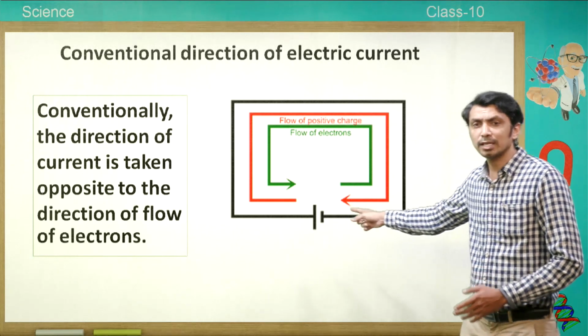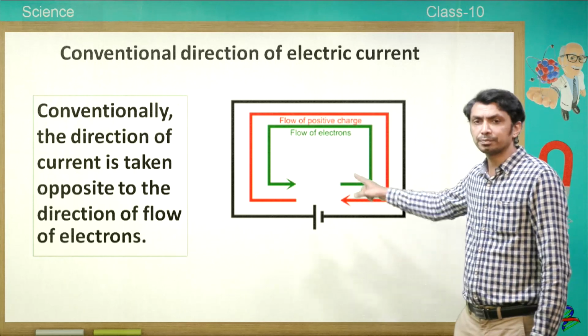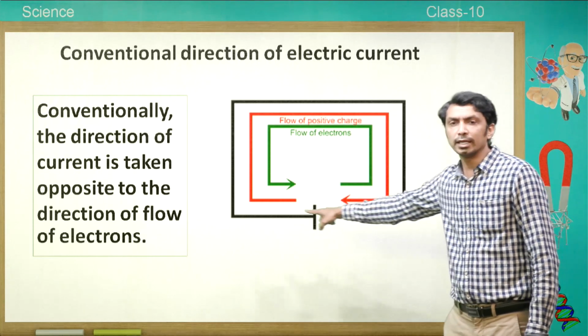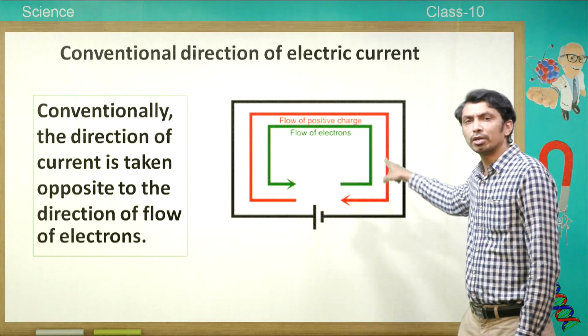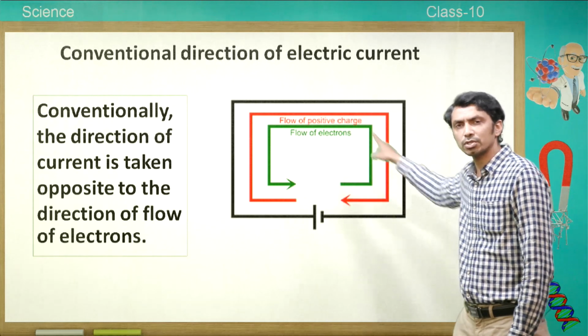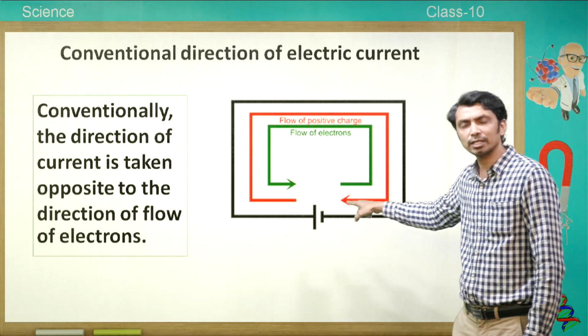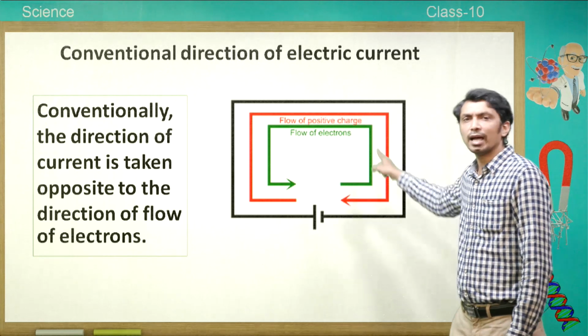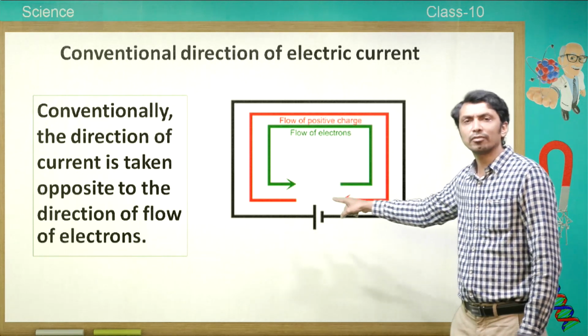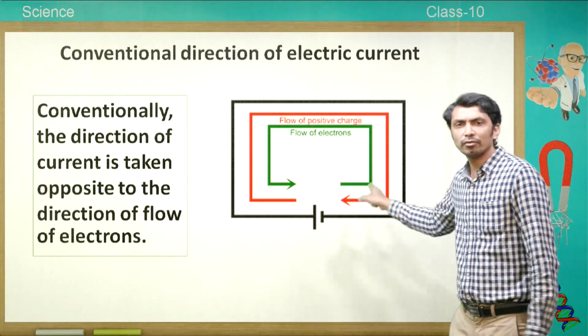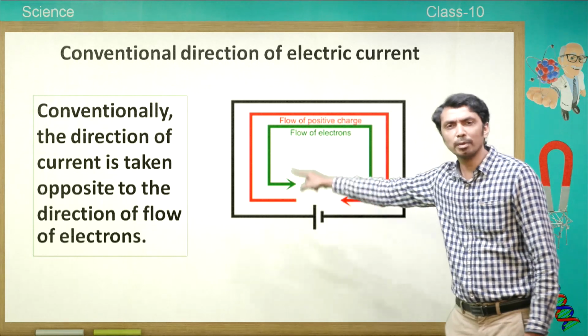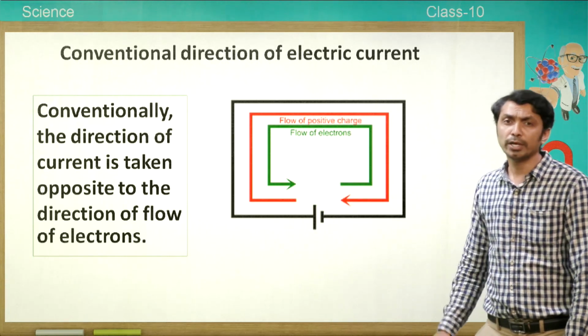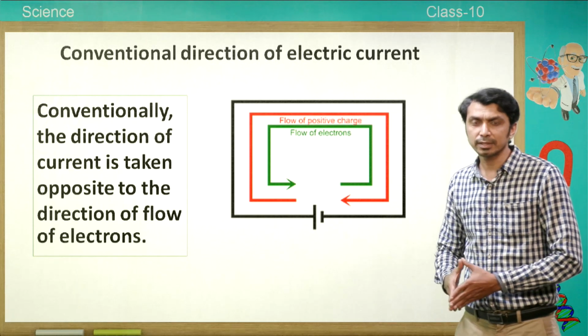As you can see, the red mark shows the flow of positive charges, which is the conventional direction of electric current, and the green arrow shows us the direction of actual current, that is the flow of electrons, which is from minus to plus. Now, why do electrons move from minus to plus?